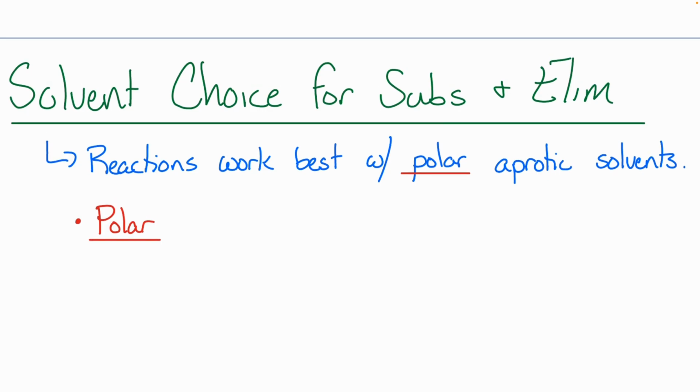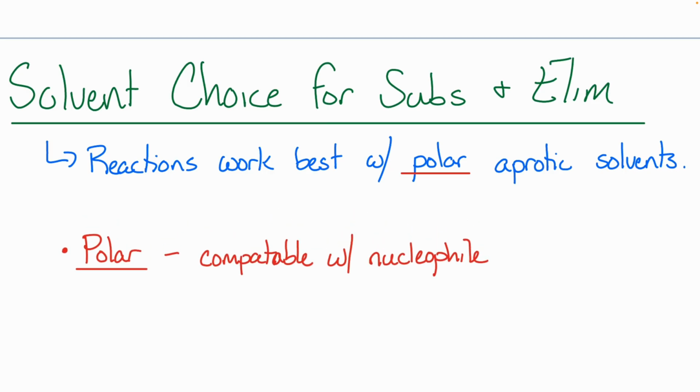All of these reactions involve some nucleophile, some base, which either have a charge, so they're definitely polar, or they at least have a lone pair in an asymmetric geometry, so they're polar. So our solvent has to be polar so that it's compatible with our nucleophile. Nothing too crazy there.